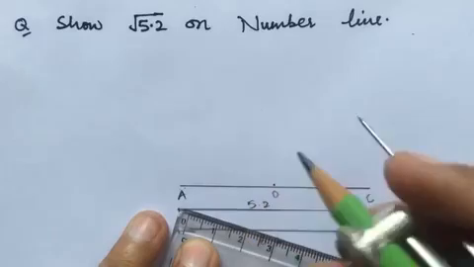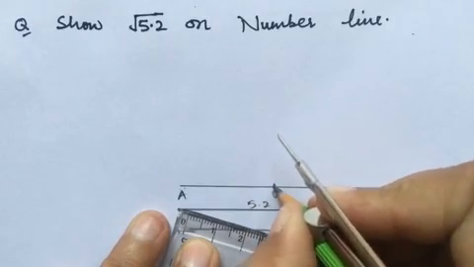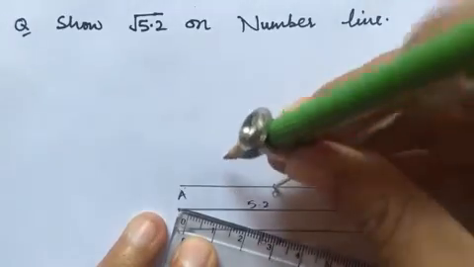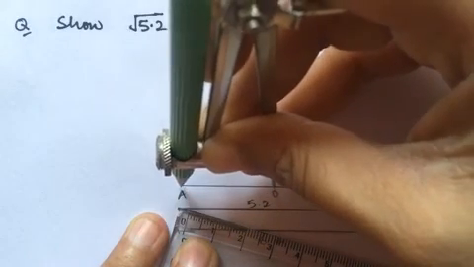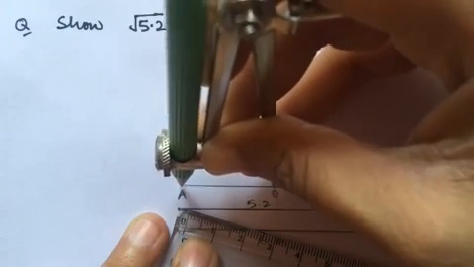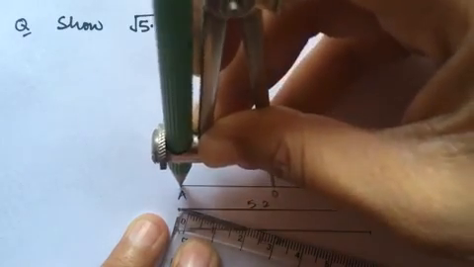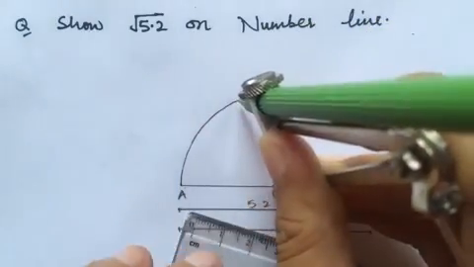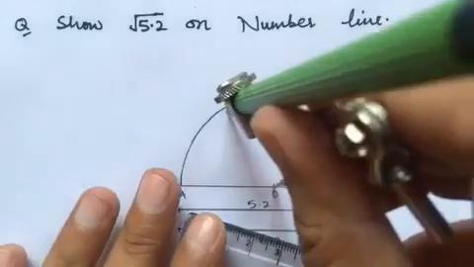Now what I will do is take OA as radius, and draw a semicircle.